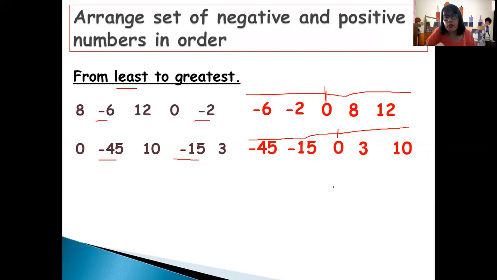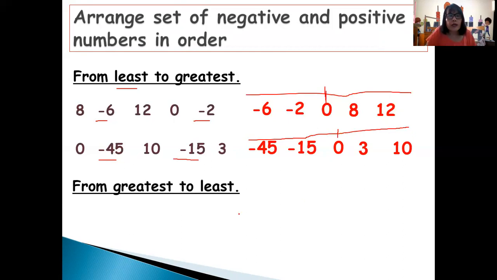Okay, so you can answer this one. You can write it in your notebook and answer first before you check the answer to check your progress. Let's go to the next question. Now, arrange these numbers from greatest to the least, meaning we have to start from the positive numbers, the largest, the biggest, okay? So now let's check all the positives because the positives are the greatest.